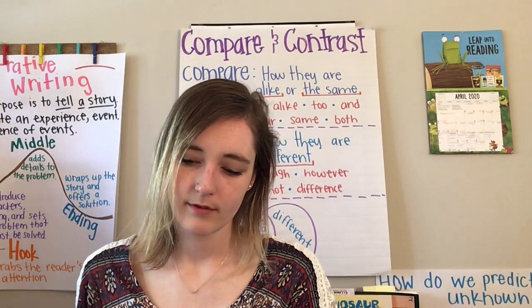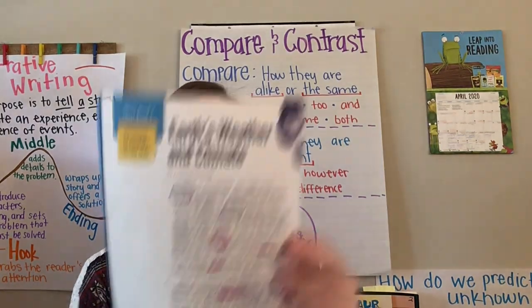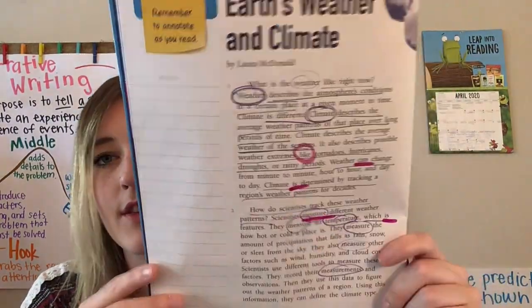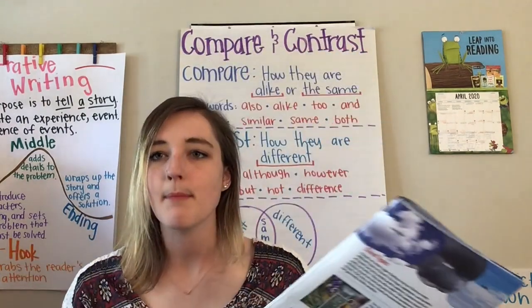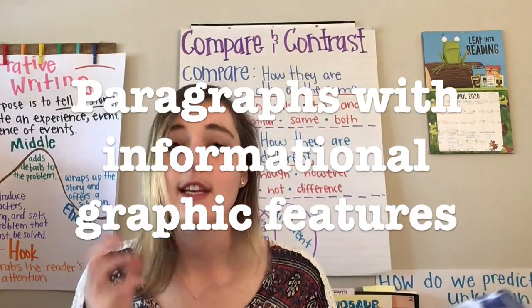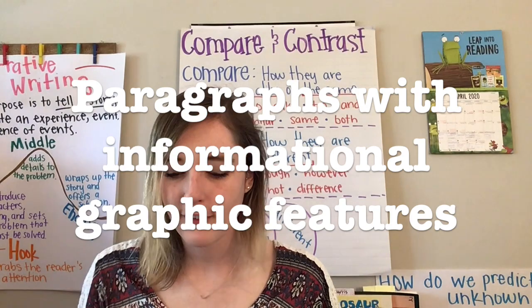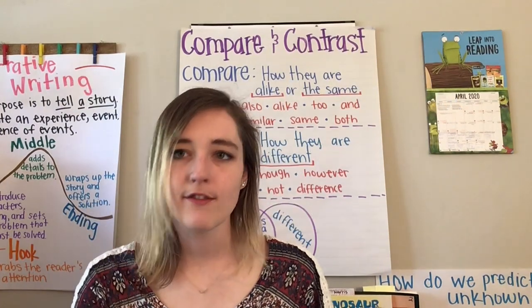For Earth's Weather and Climate, the structure is in paragraphs and graphic features. It's an informational text. So for Earth's Weather and Climate, I would write informational text.